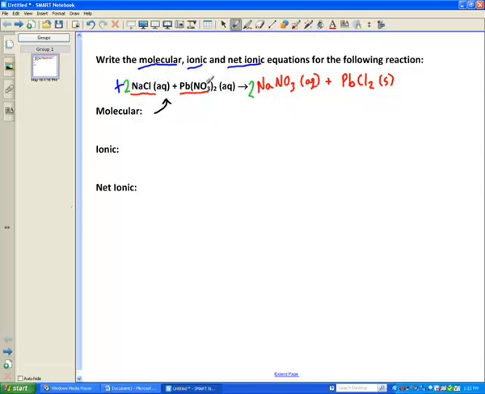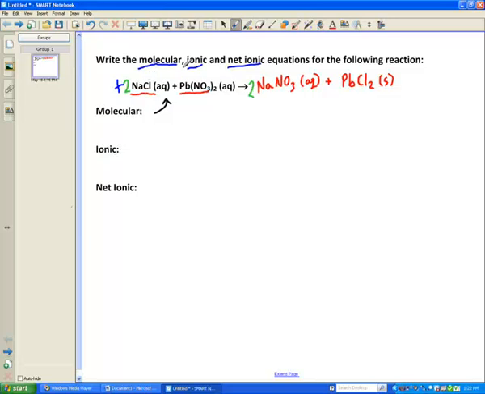Ionic insoluble, ionic insoluble, ionic insoluble, and ionic insoluble. So I have three species that are soluble, three ionic compounds that are soluble. And I'm sure everybody knows what happens to an ionic compound when you put it in water, assuming that it dissolves. Those two ions don't stay together. Well, okay, a small number of them do, but the vast majority of them get separated. And that's what we're going to look at when we draw out our ionic equation.